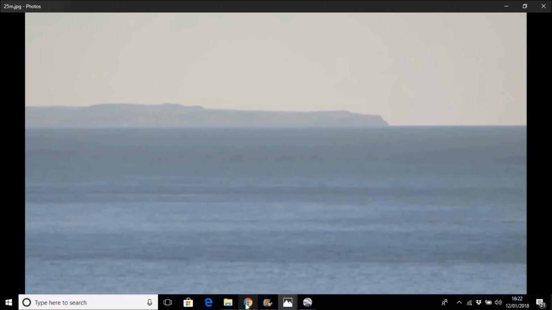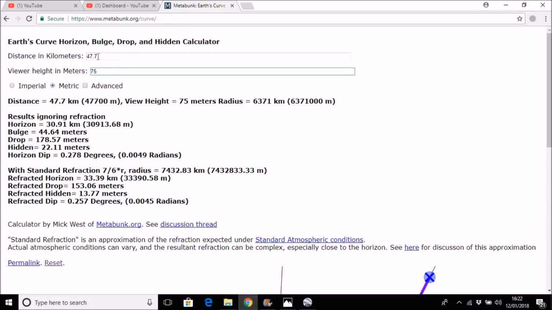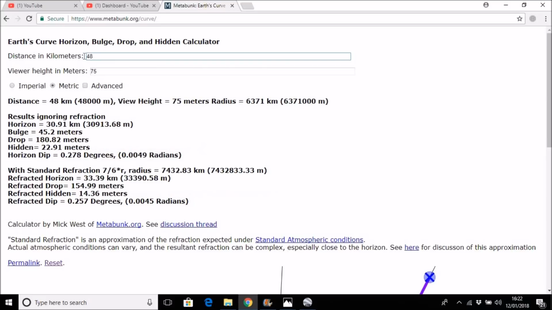Now, the question arises, does that correspond to what we would expect on a curved Earth? So if we put in 48 kilometers and a viewer height of 75 meters, we should be unable to see anything below 14 meters.